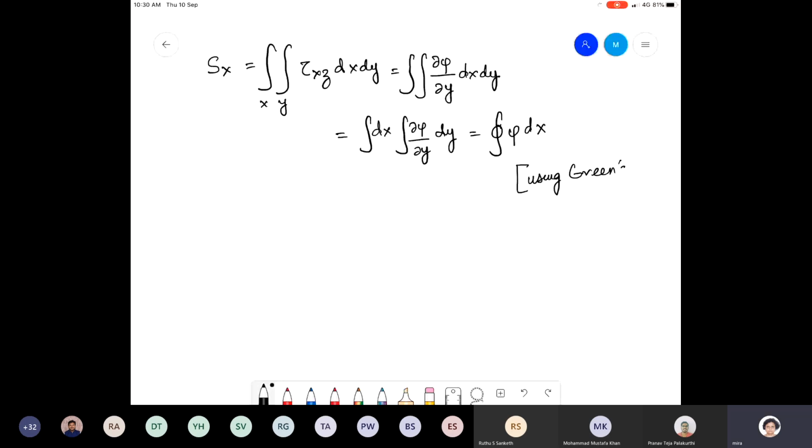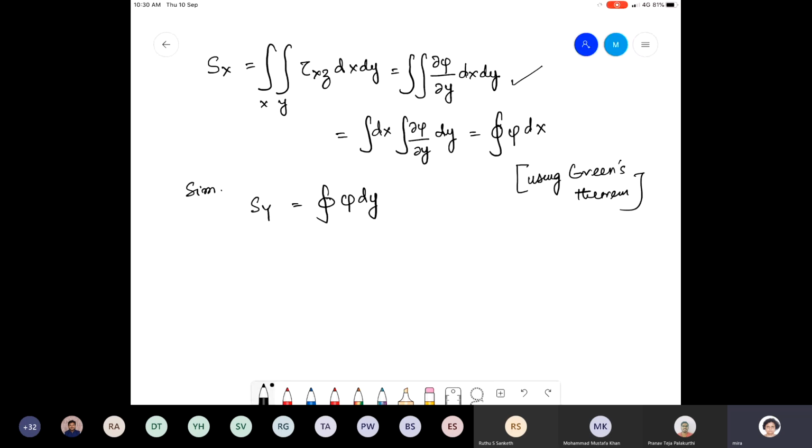If I write down the expression of tau xz in terms of my stress function, then this is the expression that I'm going to get. And then I do integration in this way. And by using Green's theorem, this is nothing but the integral of phi over the boundary with respect to dx.